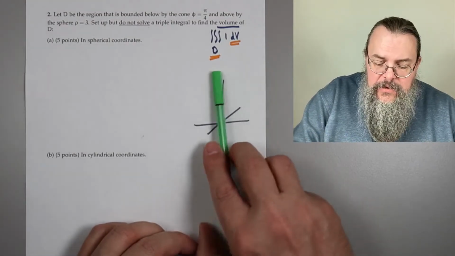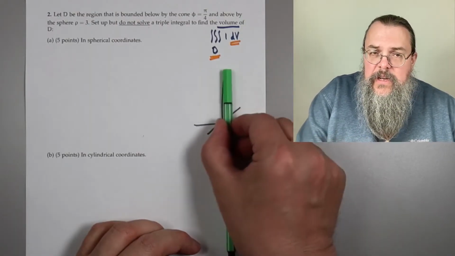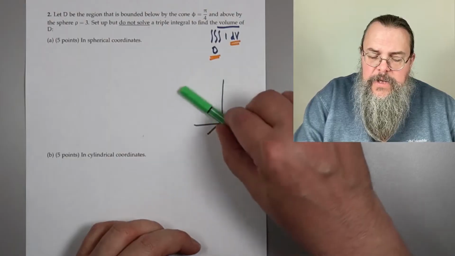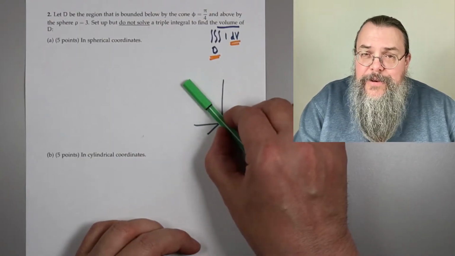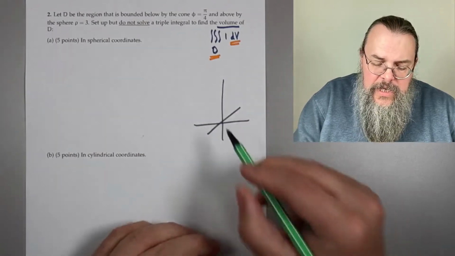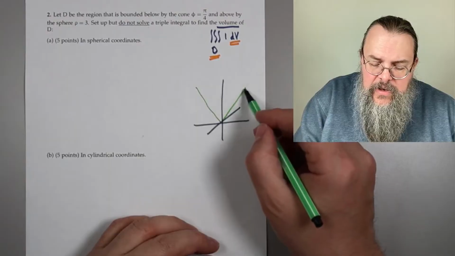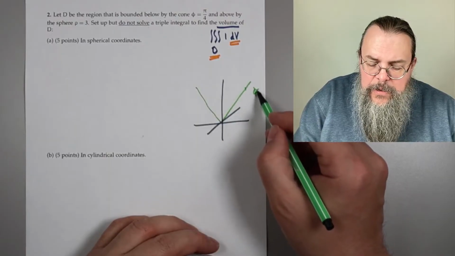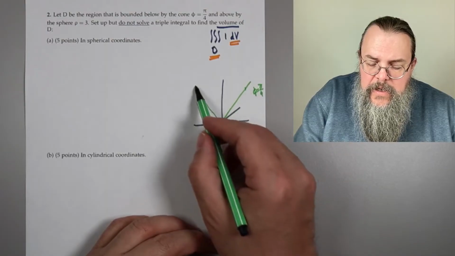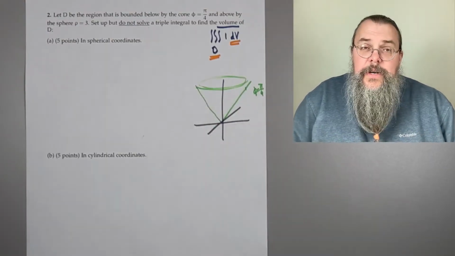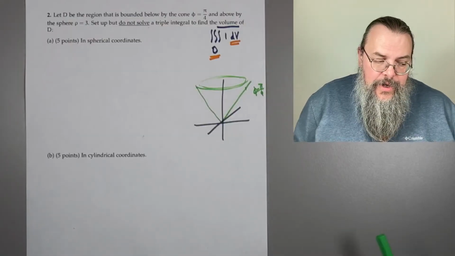As we increase phi, we come off of the z-axis. How far off do we go? When we hit pi halves, we'll hit the xy plane, so we're only going about pi fourths, halfway in. So we get this type of shape. This is our phi equals pi over 4. And there we go, we have our cone. That's our bounding surface below.